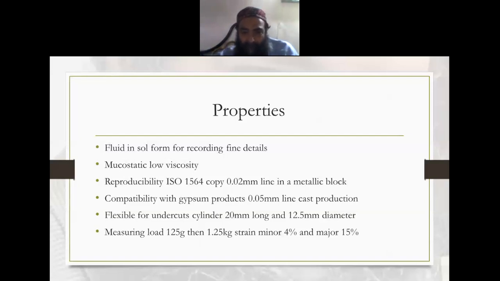Flexible for undercuts. Undercut, we have already explained, is anything which impedes insertion or removal, or which restricts, or is difficult to withdraw or insert any object.